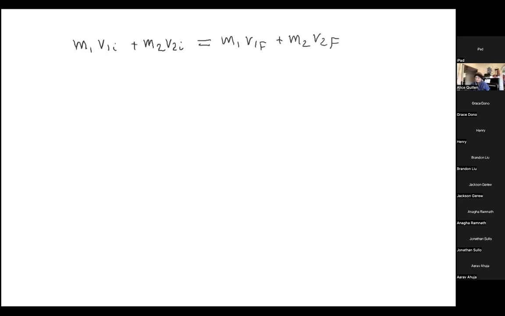So consider what happens if I divide both sides of this equation. This is conservation of momentum. Let's just divide both sides of this equation by the total mass.